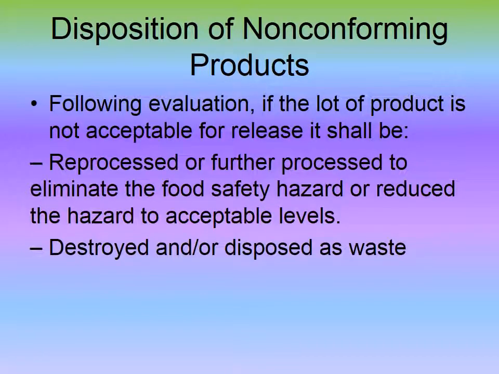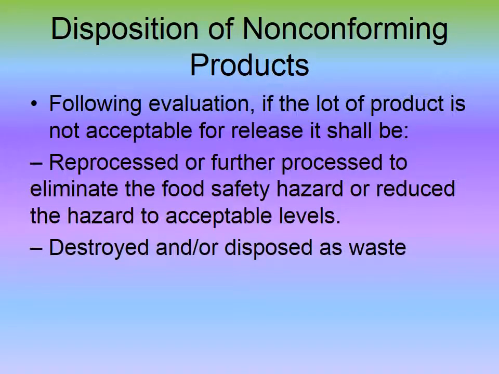Following the evaluation, if the lot of product is not acceptable for release, it shall be first reprocessed or further processed to reduce the food safety hazard to acceptable level.